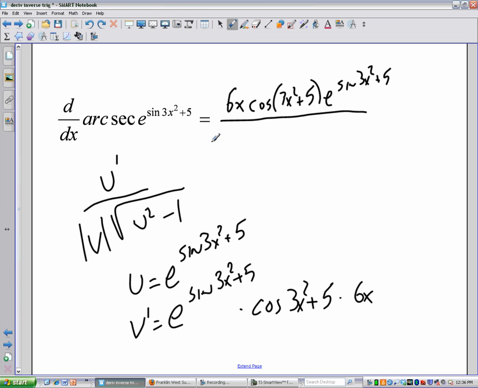And then it's just a matter of the absolute value of e to the sine of 3x squared plus 5, times the square root of e to the sine of 3x squared plus 5, squared, minus 1. There you are. It's ugly, but works out okay.